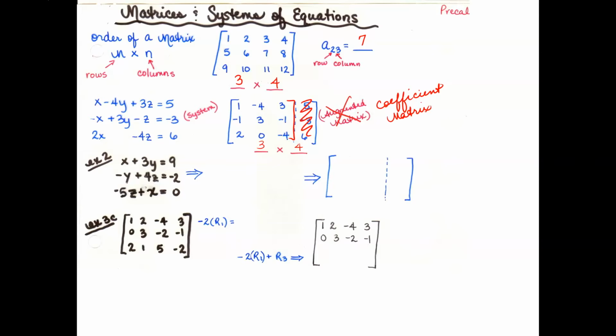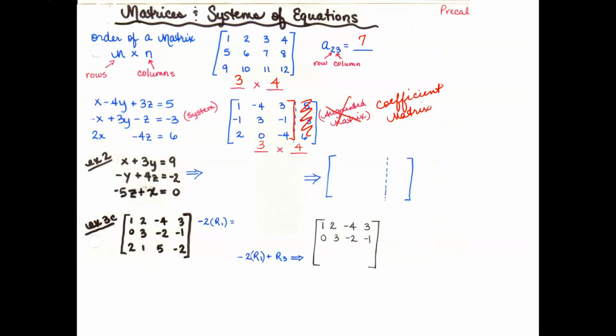What do you call a number in front of a variable? Coefficient, right. So we call that the coefficient matrix.